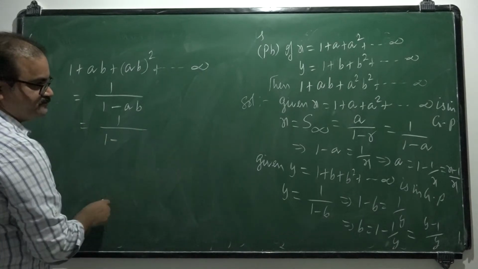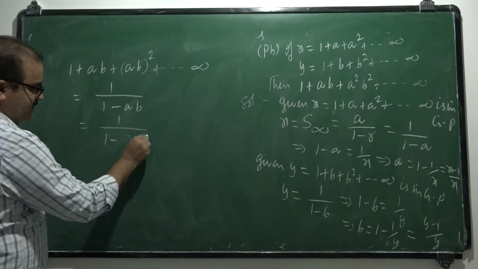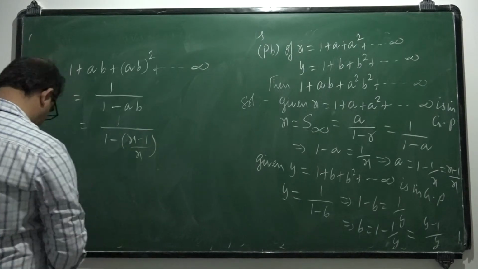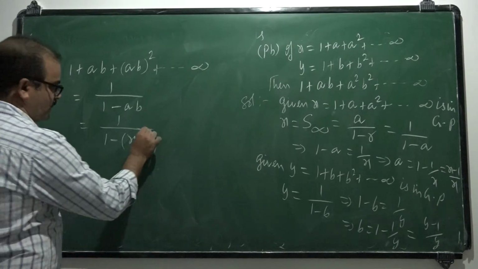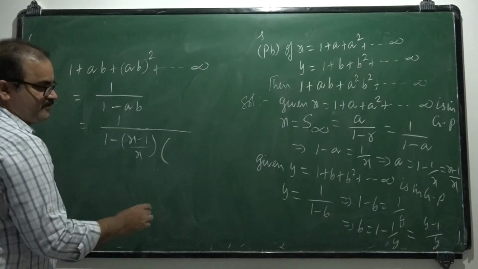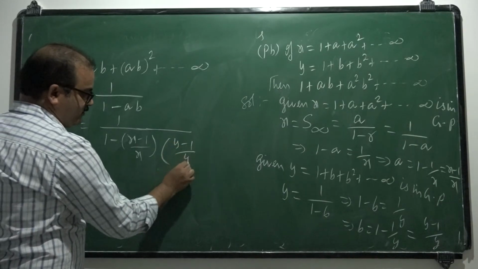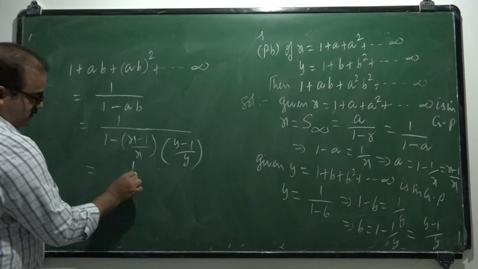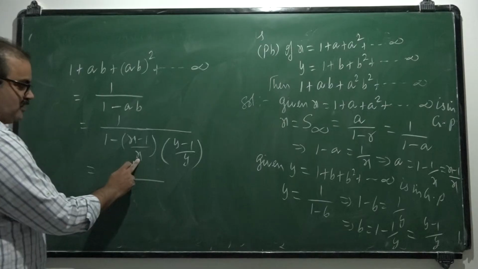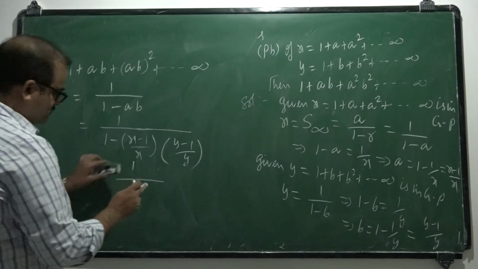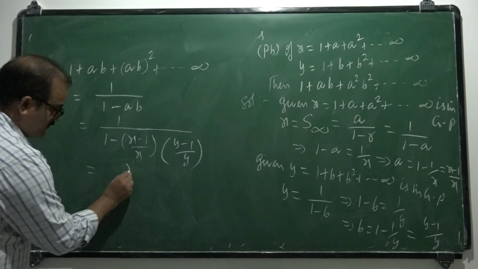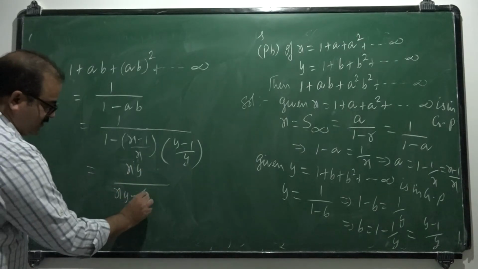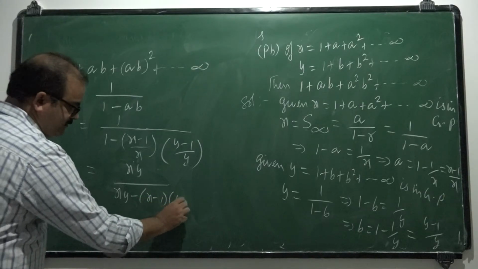This is equal to 1 by 1 minus a into b. What is the a value? X minus 1 by x. What is the b value? Y minus 1 by y. Now simplify this. 1 by, what is the LCM of this denominator? X into y. This goes to the numerator. Becomes xy by xy minus of x minus 1 into y minus 1.